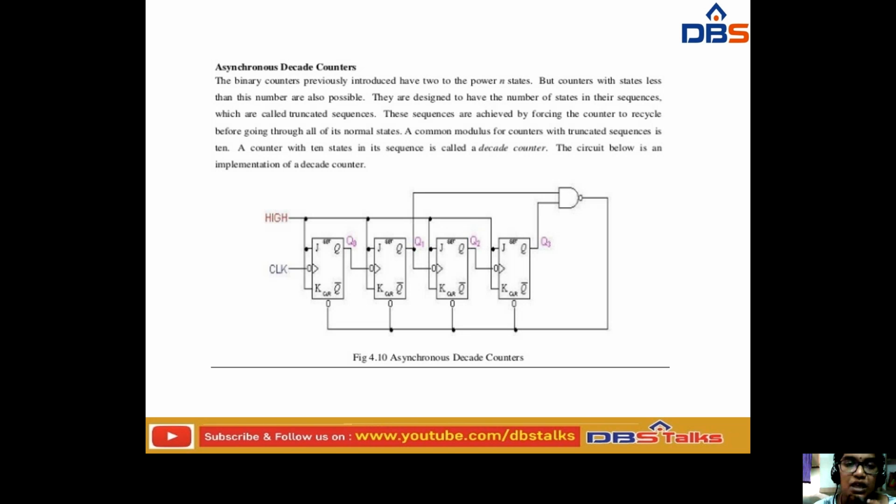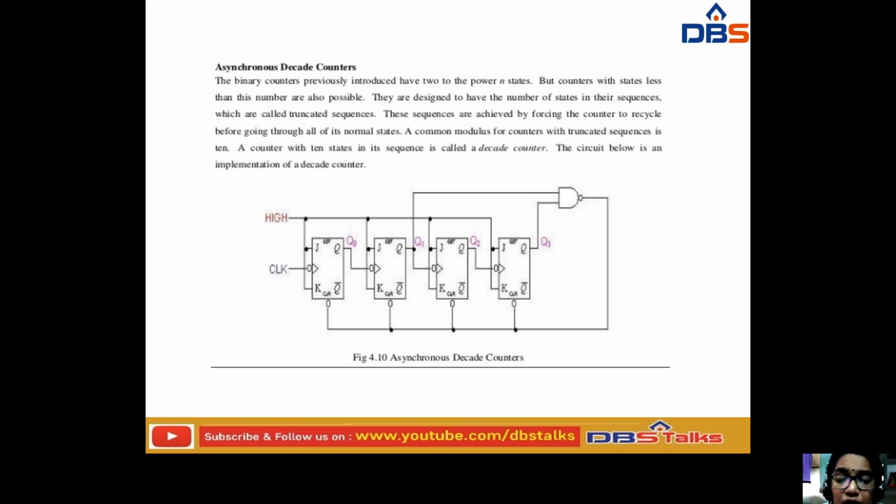These sequences are achieved by forcing the counter to recycle before going through all the normal states. A common modulus for counters with truncated sequences is 10. So a counter with 10 states in its sequence is called a decade counter.